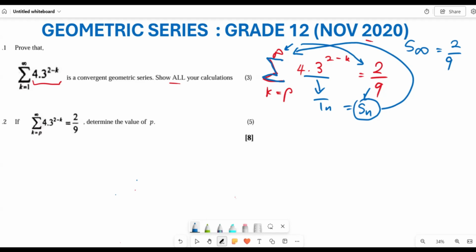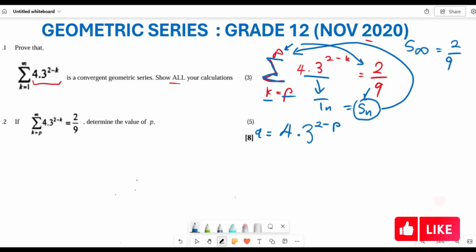Where there is k, we are going to write k equals p, which means the value of our first term, your a, is going to be 4 multiplied by 3 to the power of 2 subtract p. This is going to be the value of your a.